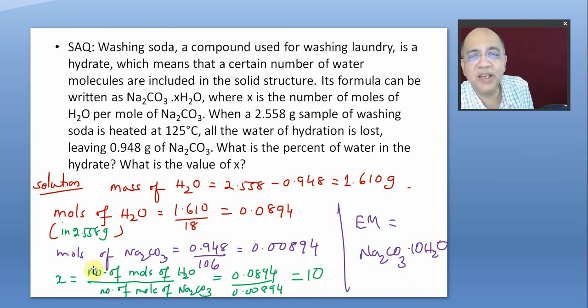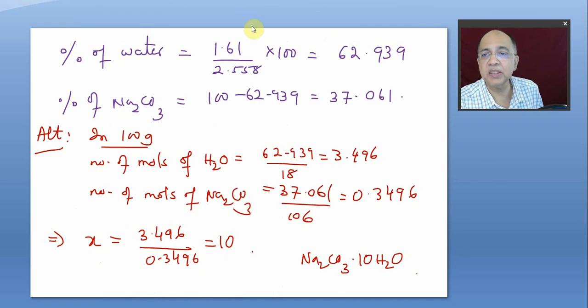So from the mass analysis, the number of water molecules associated with one molecule can be known. So this is another way. If you analyze 100 gram of the sample, you have found out the percentage. Water percentage is this, and percentage of sodium carbonate is 100 minus that.